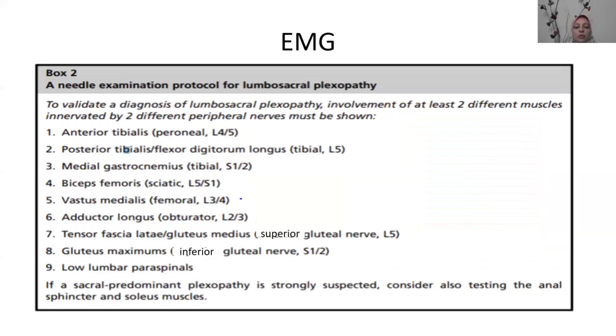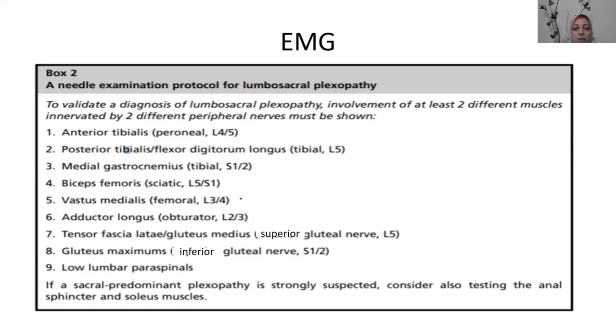What's the protocol for EMG examination in cases of lumbosacral plexus? At least two muscles innervated by the peroneal nerve, like tibialis anterior, peronei, extensor digitorum brevis. At least two muscles innervated by the tibial nerve, like tibialis posterior or medial gastrocnemius.